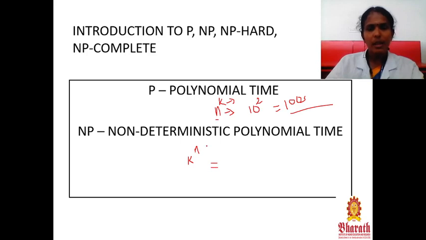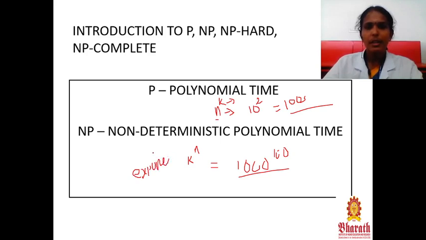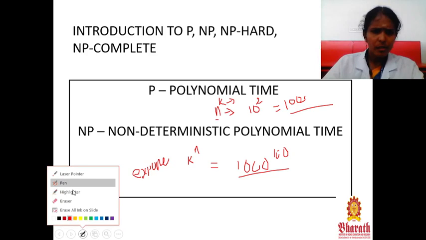So if your k is 1000 and your n is 100, it is difficult to find out the time. Such time we call exponential time, which is non-deterministic polynomial time. So that is the difference between P and NP hard, NP problems.